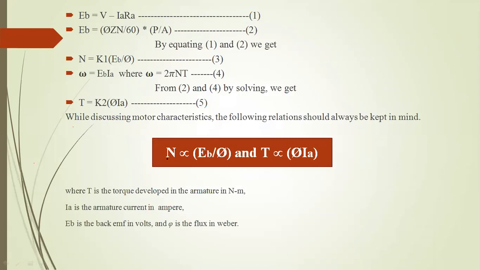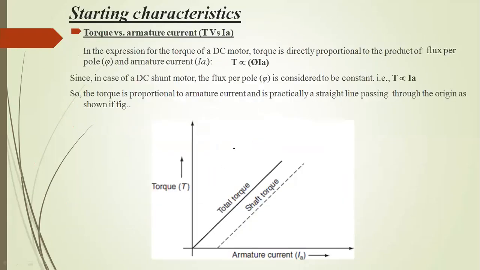That is, speed N is directly proportional to EB and inversely proportional to the flux, and the torque is directly proportional to the product of flux and the armature current. Depending upon these two relations, we are going to have the characteristics. The first expression is the torque, so we are going to have the characteristics between the torque and the armature current. The relation shows the torque is directly proportional to the product of flux and the armature current.